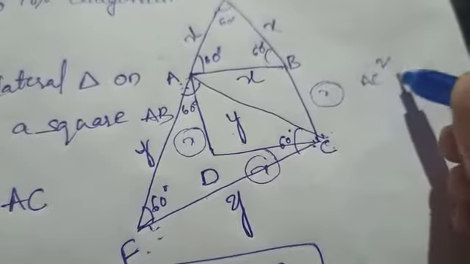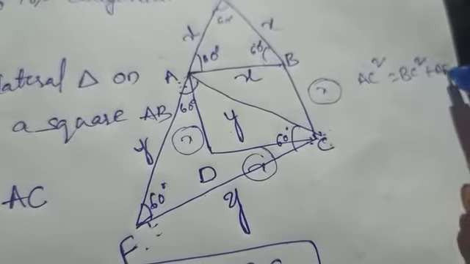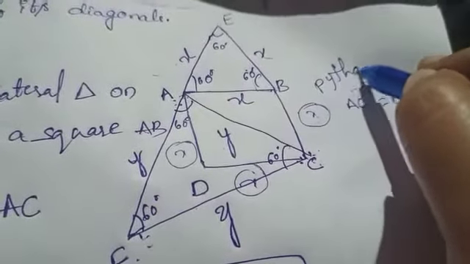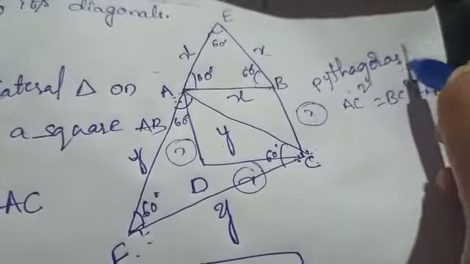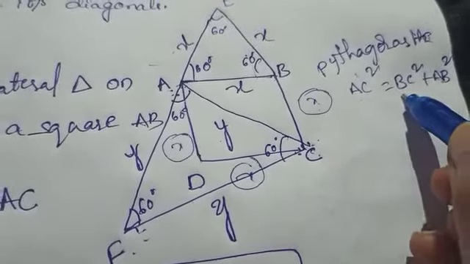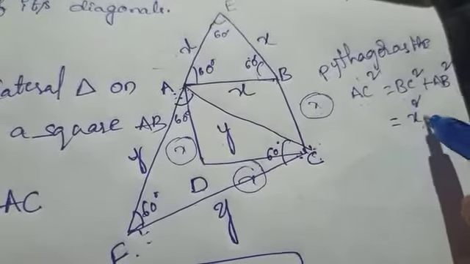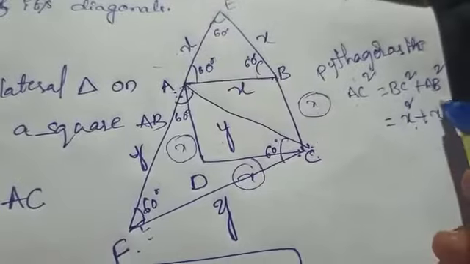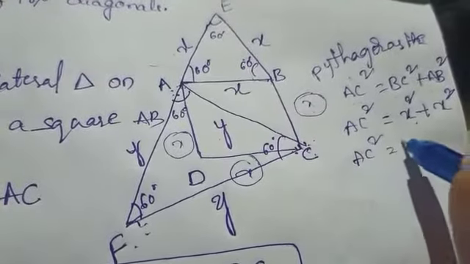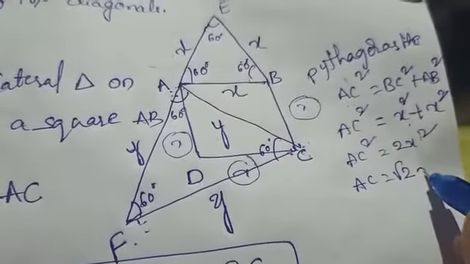Hypotenuse square equal to side square plus side square. Hypotenuse is AC, so AC square equal to BC square plus AB square. BC equal to x units, AB equal to x units. So AC square equal to 2x square. AC equal to root 2 into x.